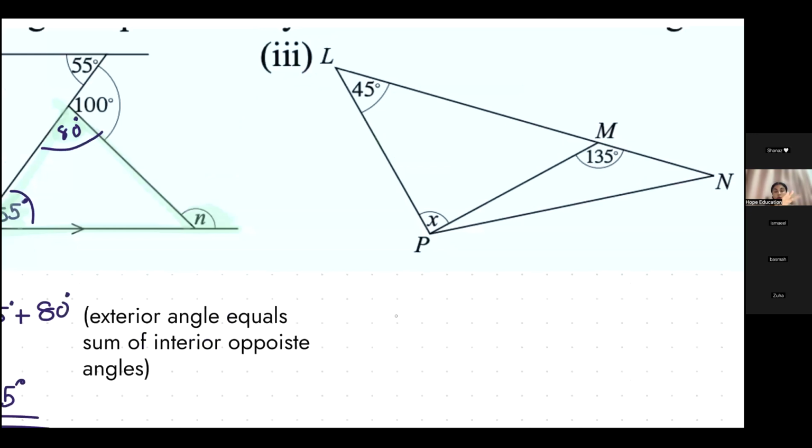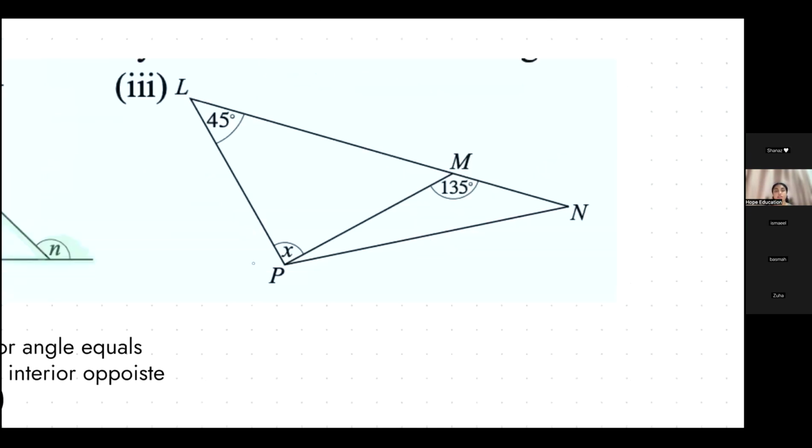Let's look at this one. Here we have to find x. Now here there are letters in the vertices as well, so that's so much easier. If you take this triangle, we can see that 135 is the exterior angle, 45 and x are interior opposite angles.